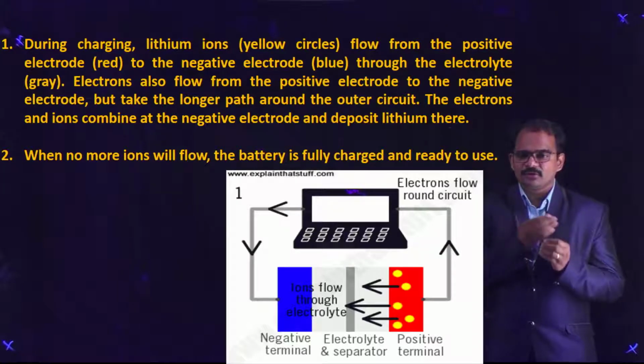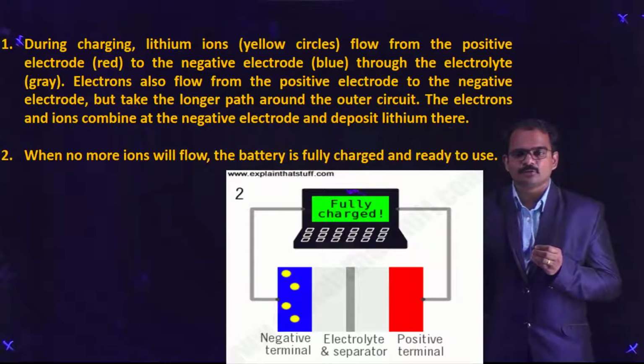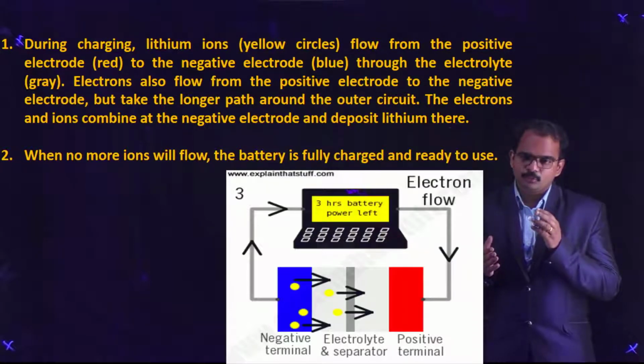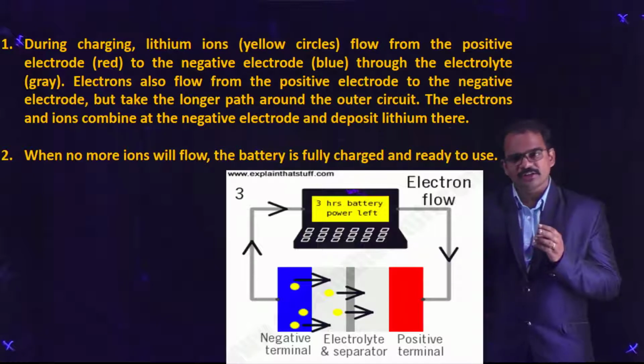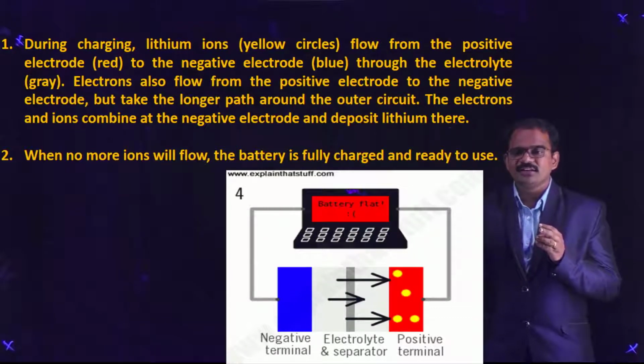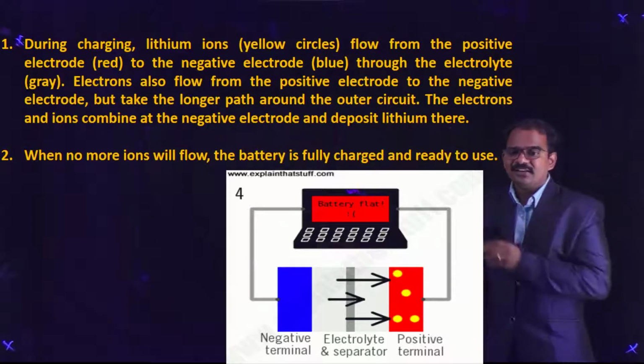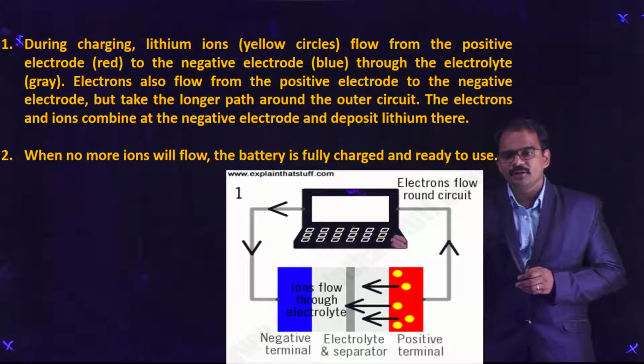The lithium ions move through the electrolyte and separator to the negative terminal, and the electrons also move from the positive terminal to the negative terminal, but not in the same path as the lithium ions. They move through the external circuit and reach the negative terminal of the battery.